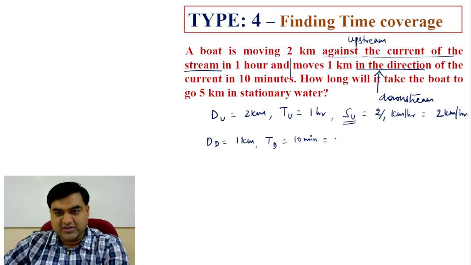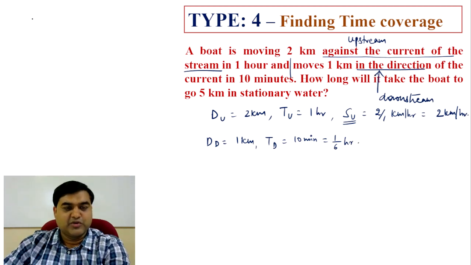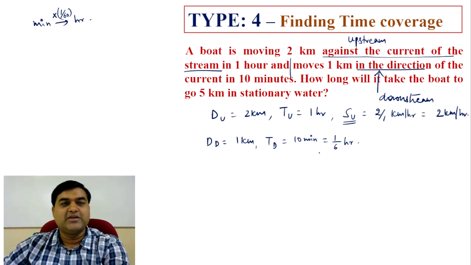It is nothing but 1 by 6 hour. How it is 1 by 6 hour? Because minute to hour conversion, if you want to do, we have to multiply by 1 by 60. Minute to hour, right? So 10 divided by 60 is equal to nothing but 1 by 6 hour.